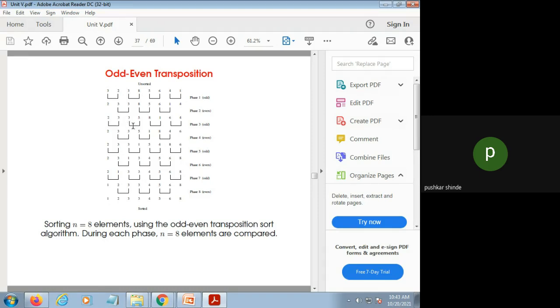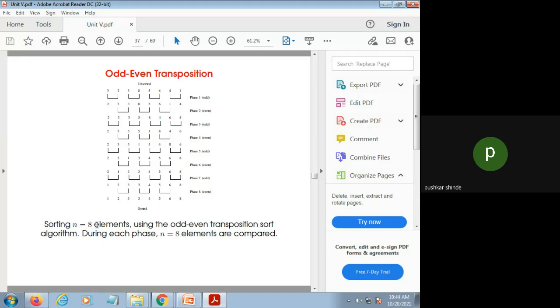That means when i is odd, the first number is odd indexed, and when i is even, the first number is even indexed. So the list is divided into two parts, odd and even parts. When i is odd, the odd indexed starting numbers are exchanged, and when i is even, the even indexed starting numbers are exchanged. So this is how odd even transposition works in bubble sort.